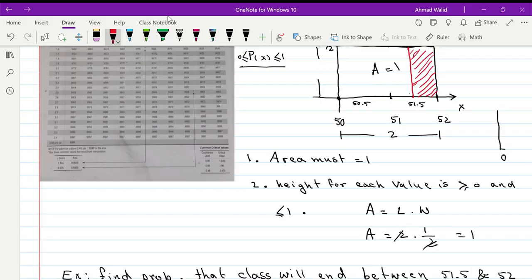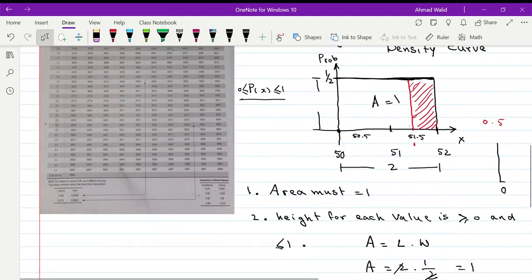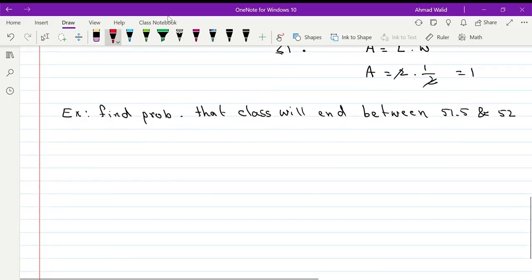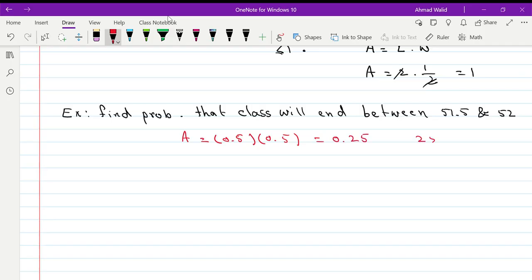Correct? From 51.5 to 52, how much is your distance? It's 0.5, correct? And how much is your height? 1/2, which means 0.5. To find that area, A equals 0.5, your height, times 0.5, your width, which gives you 0.25. It means 25%, right?